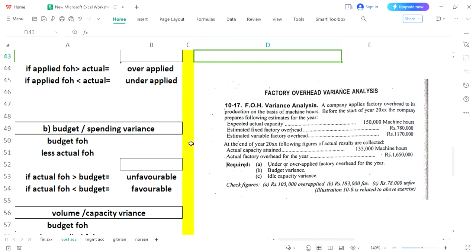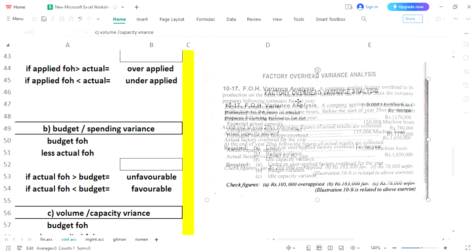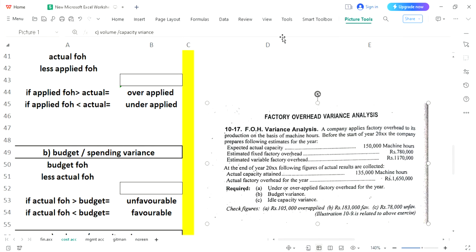We have written their formulas and statements, and the way to calculate these variances has been described on the left side of your page. So hopefully you can understand what we are going to do. We will be filling in these factors present over here. The next matter is whether these inputs are present in your question or not. So we will see our question and start our calculation after completion of this.